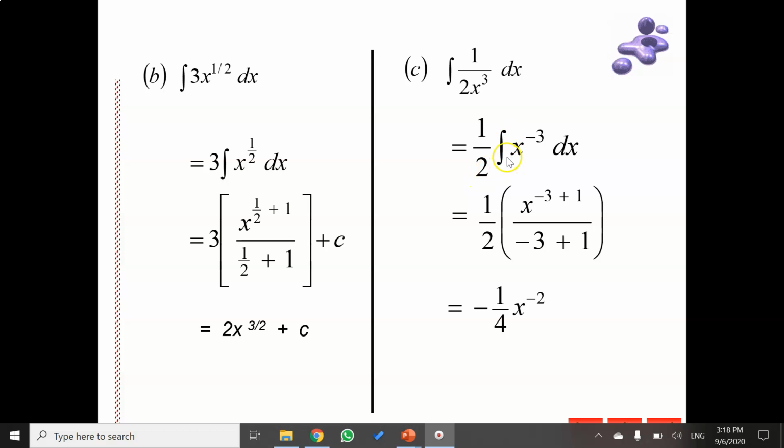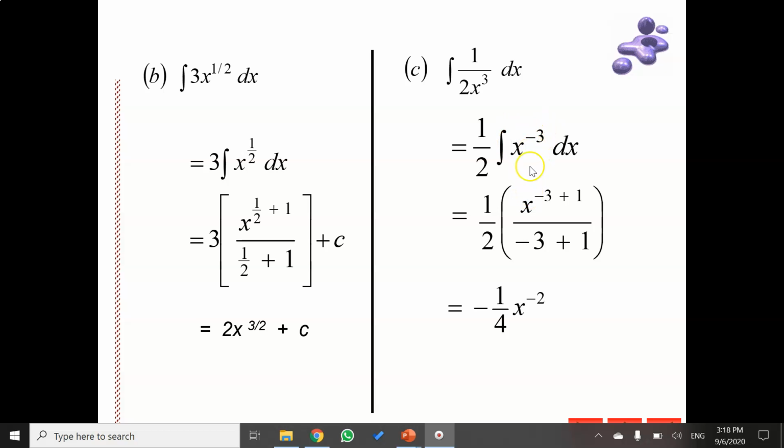Then integrate the remaining, which is 1 over x cubed. 1 over x cubed just now will be x to the power of negative 3, because we changed it already. So now you have to integrate this part.